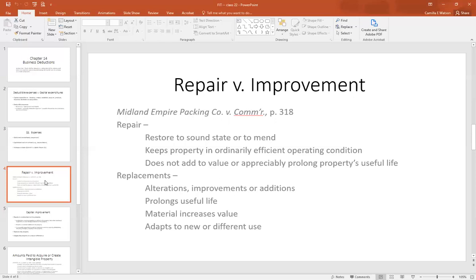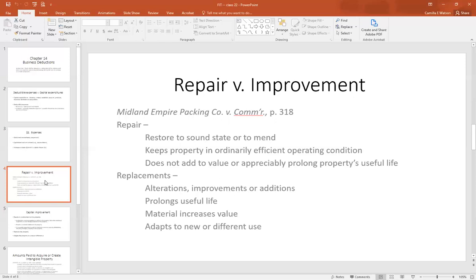The tax court engages in a discussion of the difference between a currently deductible repair and a non-deductible improvement or replacement. It quotes Illinois Merchants Trust Company on page 318. To repair is to restore to a sound state or to mend, while a replacement connotes a substitution. A repair is an expenditure for the purpose of keeping the property in an ordinary efficient operating condition.